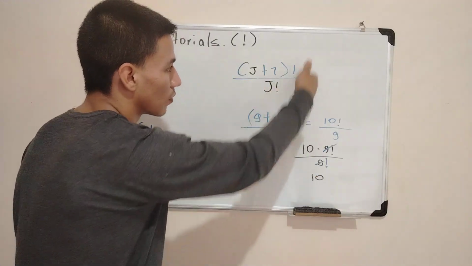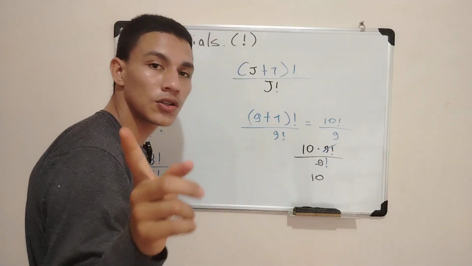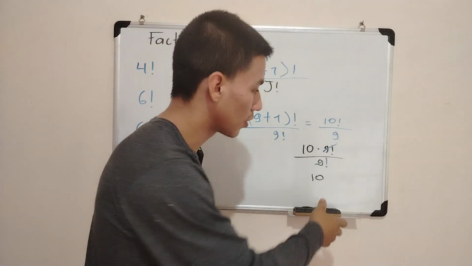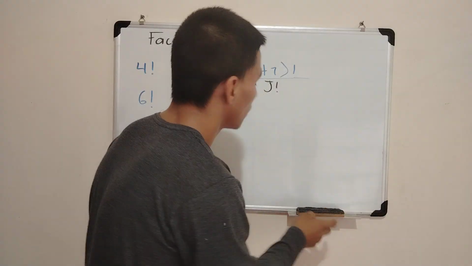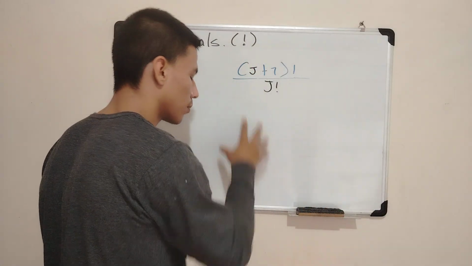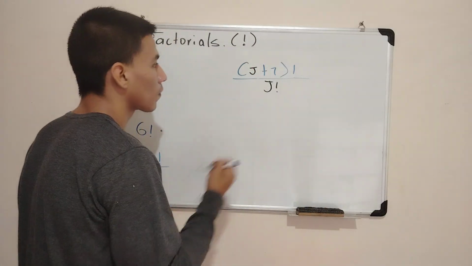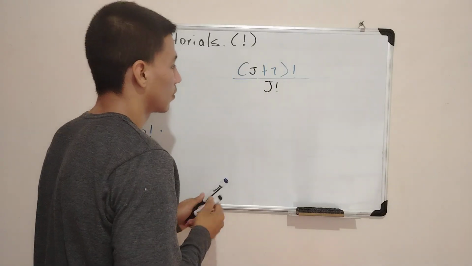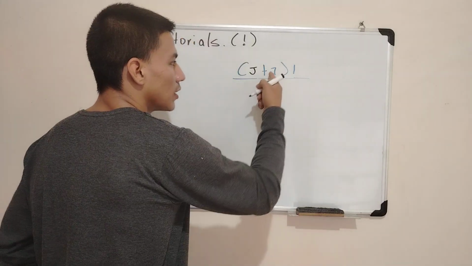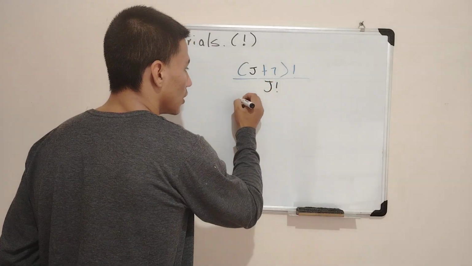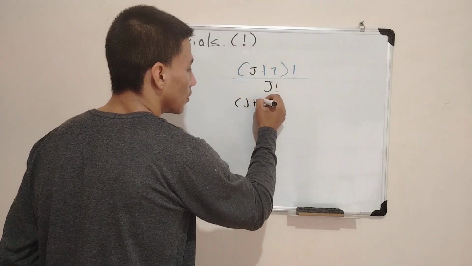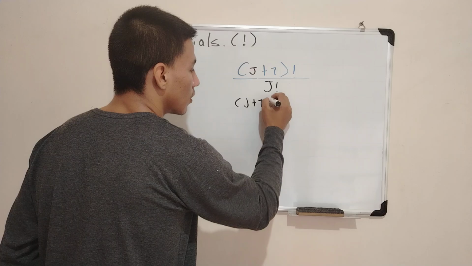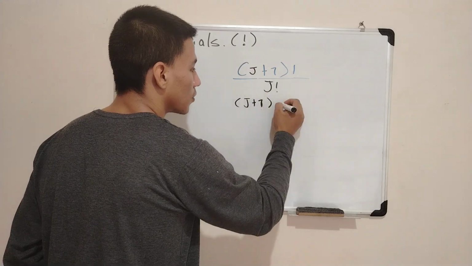So now let's do it, you and I together, but not with numbers. This is just to exemplify that. Now let's do it with algebraic expressions, just with variables. Let's use black. What is this equal to? This is equal to j plus 1 factorial over j factorial.